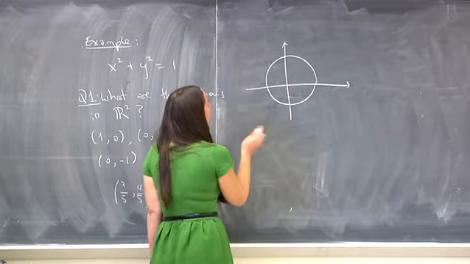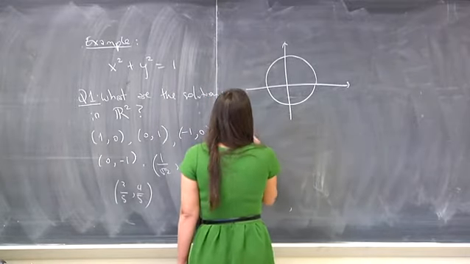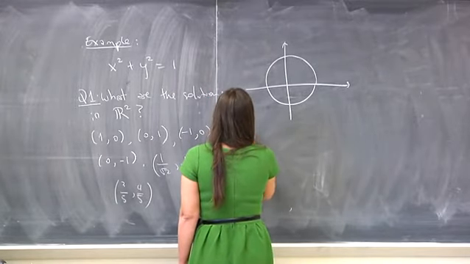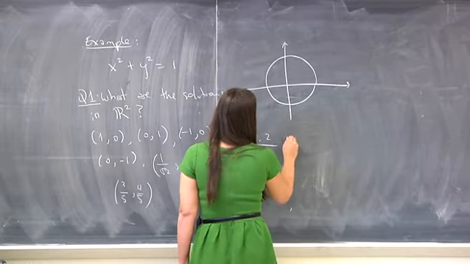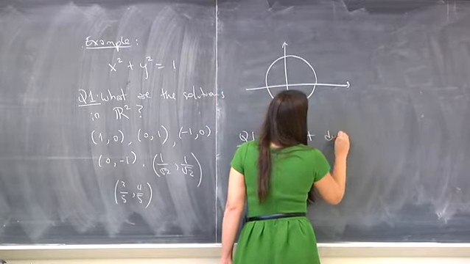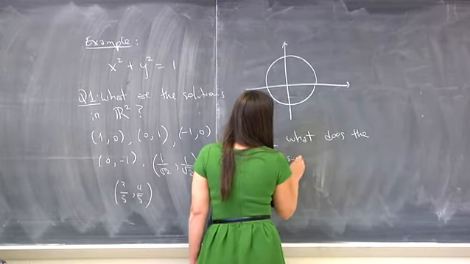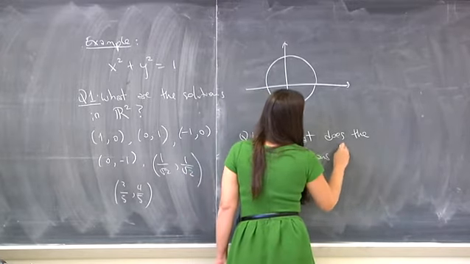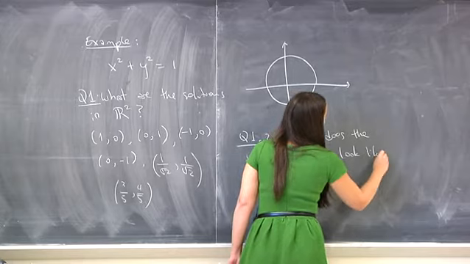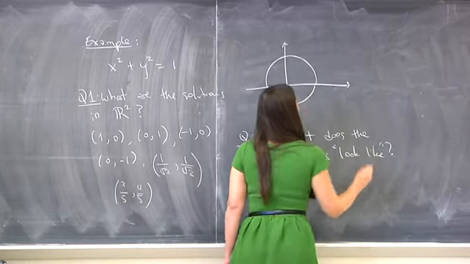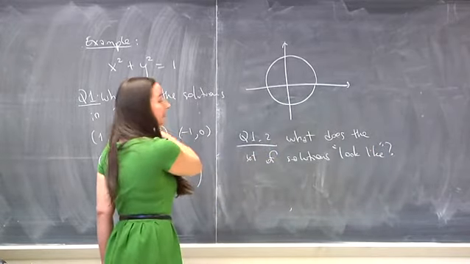Okay, so this is nice. So sometimes it makes more sense. So this is what I'm going to call question 1.2: what does the set of solutions look like? Okay? Sometimes this question makes more sense than that question.